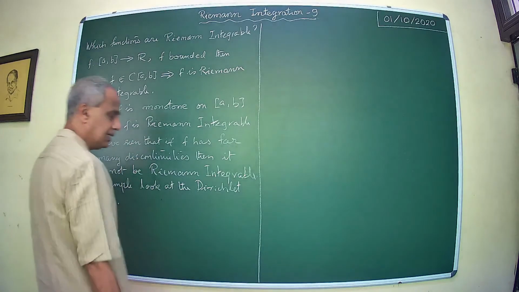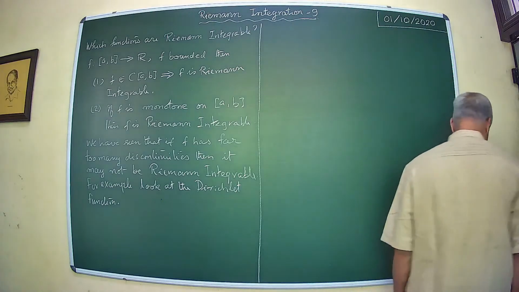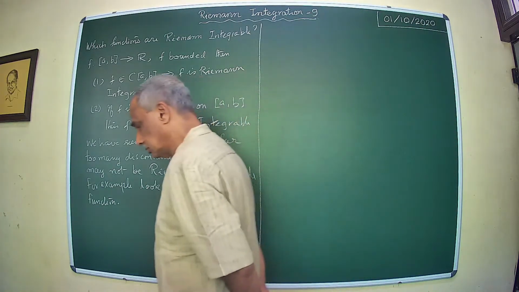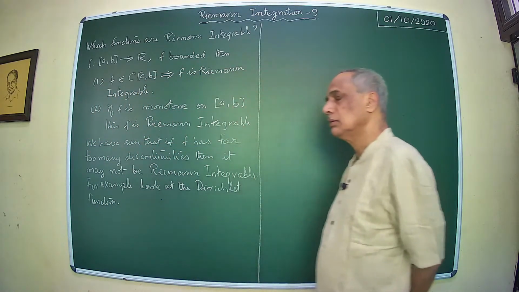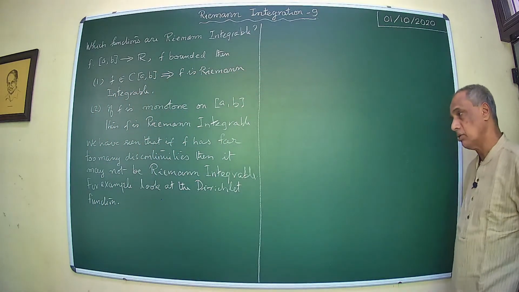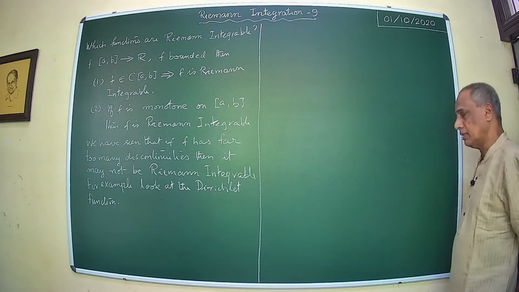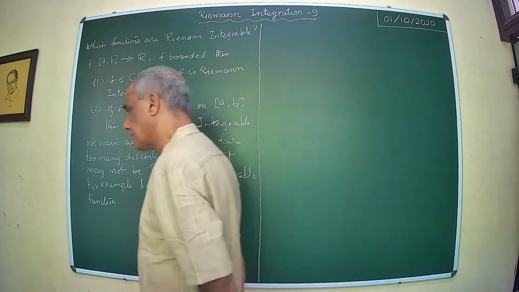That is the function which is one at all irrationals on the interval [0, 1] and 0 at all rationals.